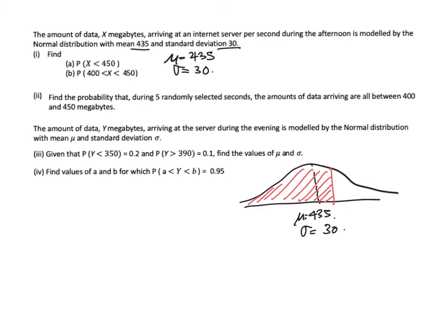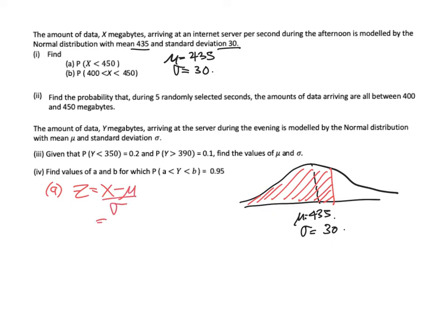So we have to find the probability less than 450. First thing, let's find the z score. We have to standardize. Z equals x minus mu over standard deviation.